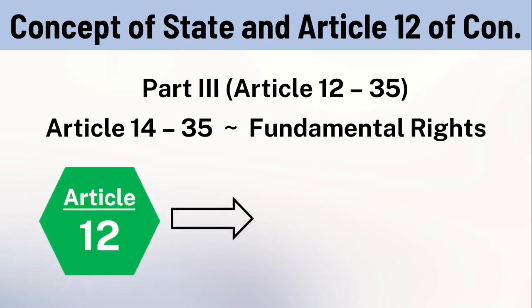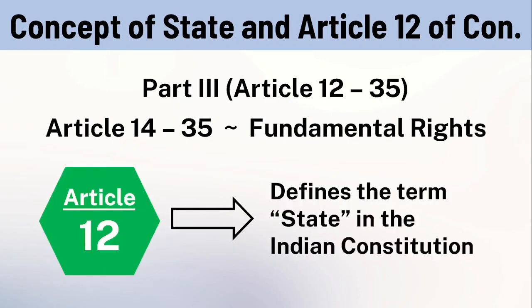Article 12 essentially defines the term state in the Indian Constitution, unless it's mentioned otherwise. So in the Indian Constitution, unless it mentions that the word state is used for the actual Indian states, the term state defines something else. It defines India, the entire government and all the institutions of India as a whole.